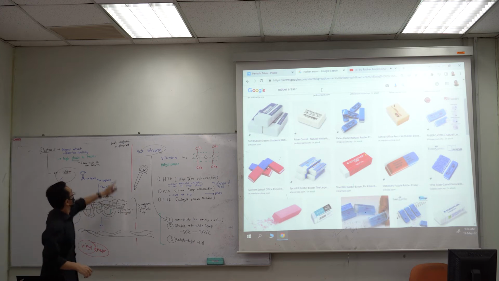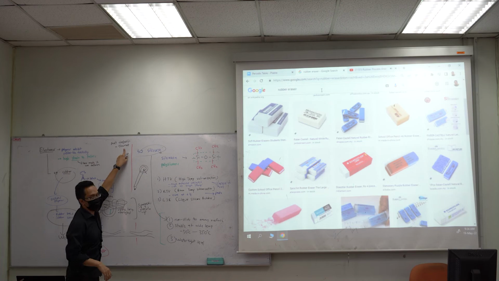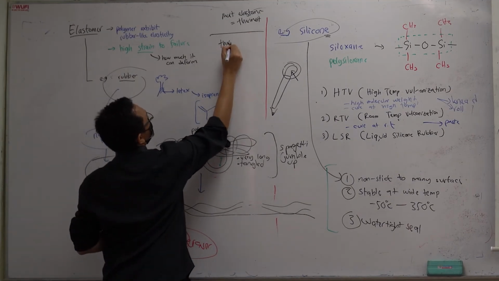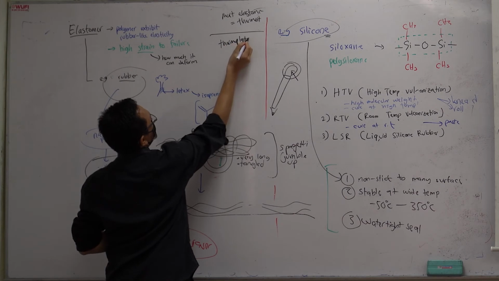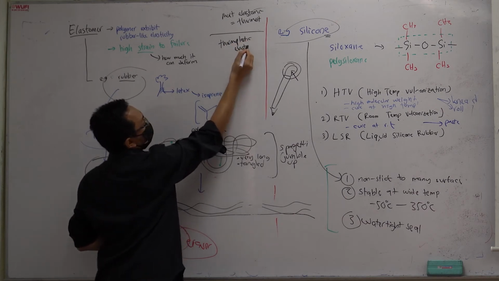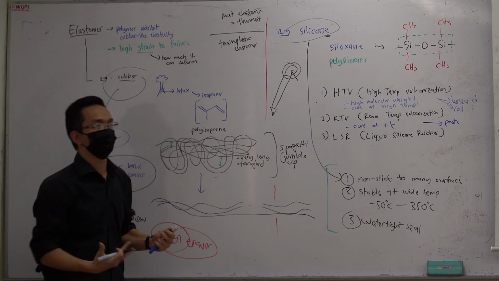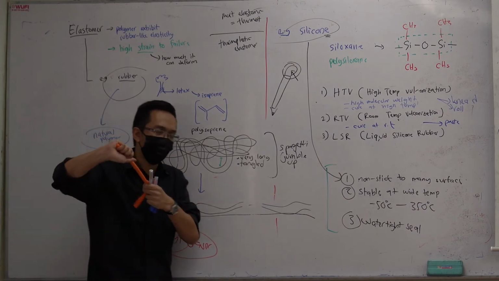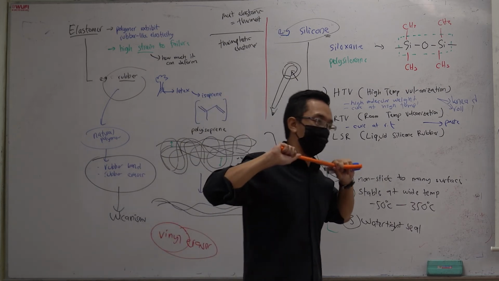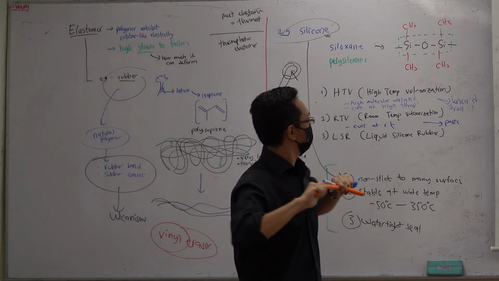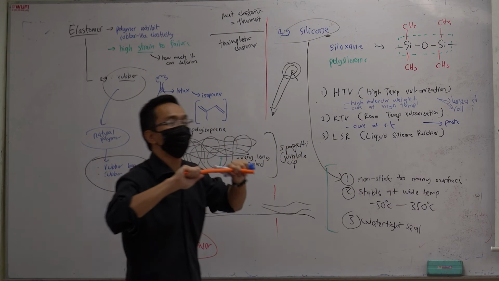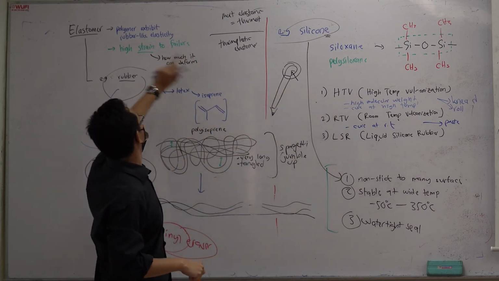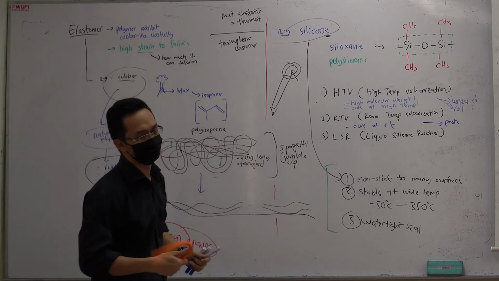So as I said, most elastomers are thermoset. But there are also thermoplastic elastomers, because people try to develop this, because this elasticity has many uses in life. But previously, you got this elasticity by vulcanization only, vulcanization of the silicone or the rubber.